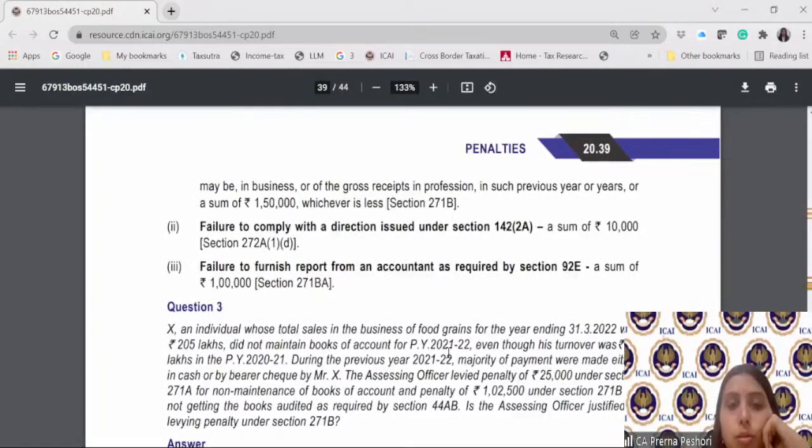X, an individual whose total sales in the business of food grains for the year ending 31st March 22 was 205 lakhs, did not maintain the books of accounts even though his turnover was 28 lakhs. During the previous year, majority of payments were made either in cash or by bearer cheque. The AO has levied the penalty of 25,000 under 271A for non-maintenance of books of accounts and penalty of rupees 1 lakh 2 under 271B for not getting the books of accounts audited as per 44AB. Is the AO justified in levying the penalty under section 271B?